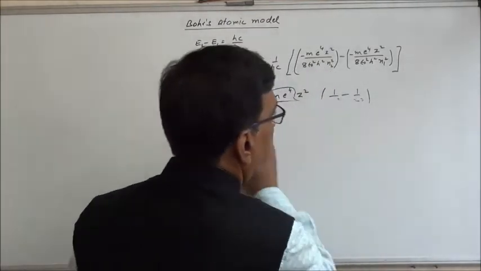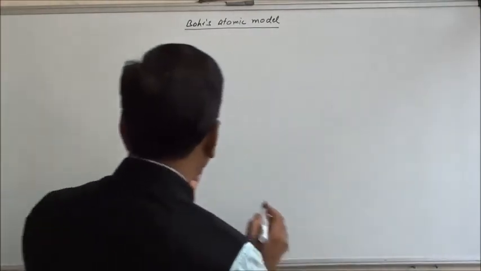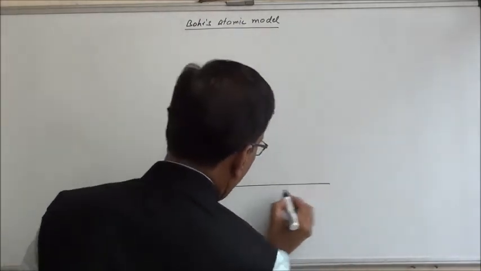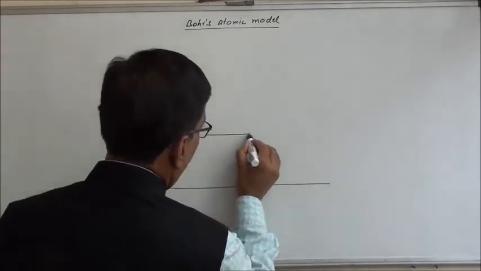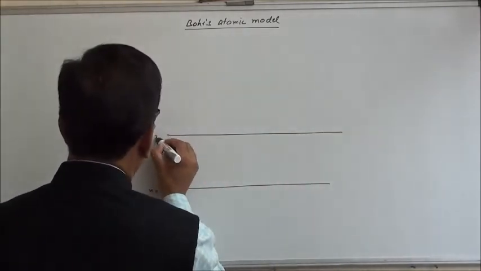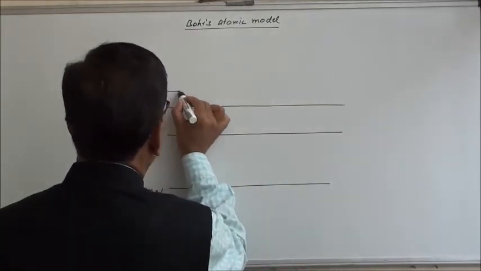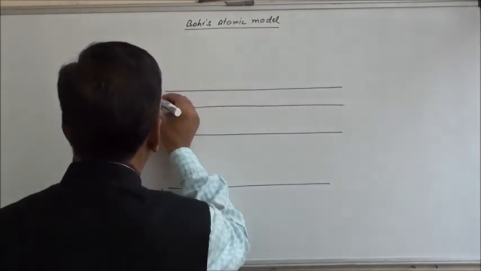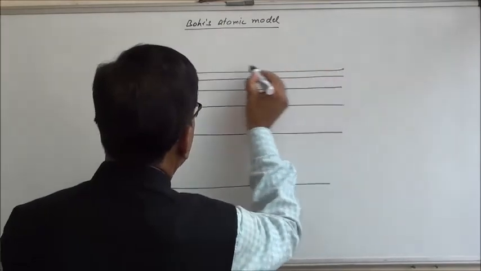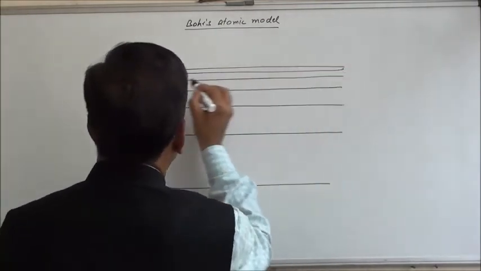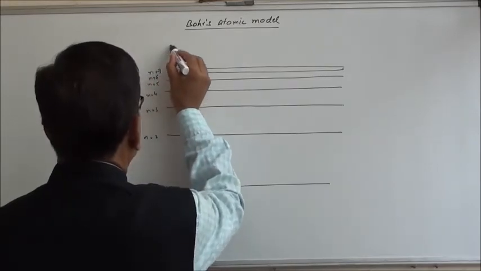So see from here, E2 minus E1 will determine the value of lambda, and using this I can now have a diagram showing the different transitions. This is 1, 2, 3, 5, 6, 7, and so on.